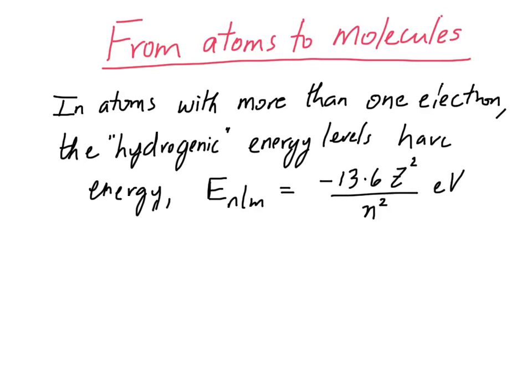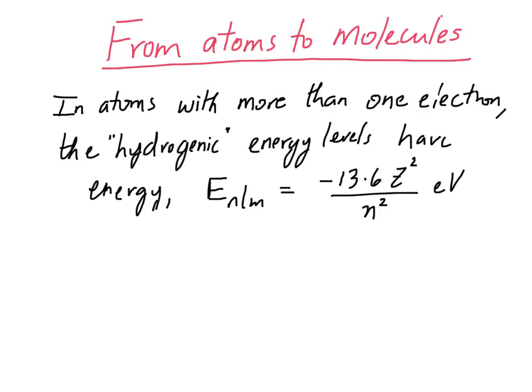This assumption leads to a simplification. It basically means that we can go back to our hydrogen atom Schrodinger's equation and simply use the nuclear charge as Ze, where Z is the atomic number, instead of just e. And when we do that, we get the solution E_nlm equals minus 13.6 Z squared over n squared.